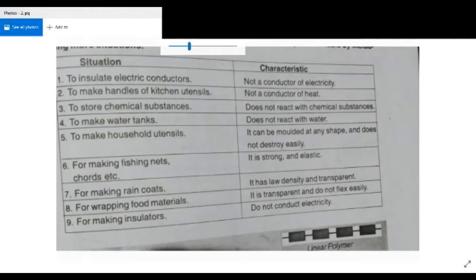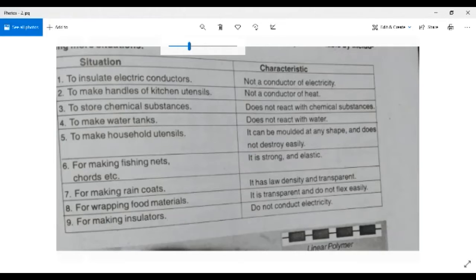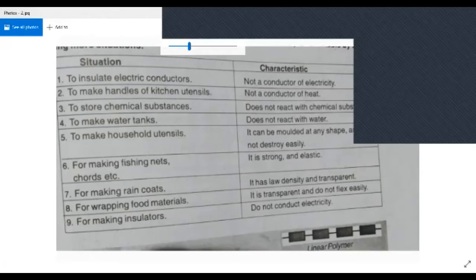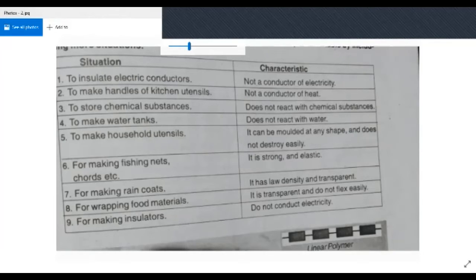To store chemical substances, because plastic never reacts with chemical substances such as acid, alkali or salt. Then to make water tanks, because plastic never reacts with water. Next one, to make household utensils, because it can be molded into any shape and does not get destroyed easily. And what is the next situation?